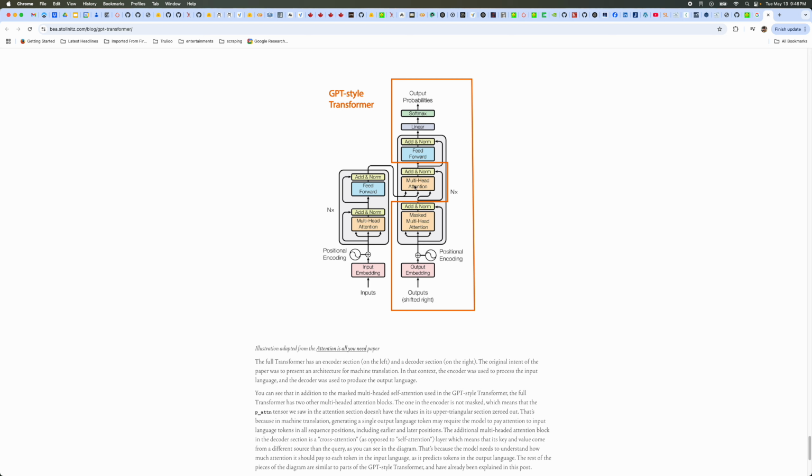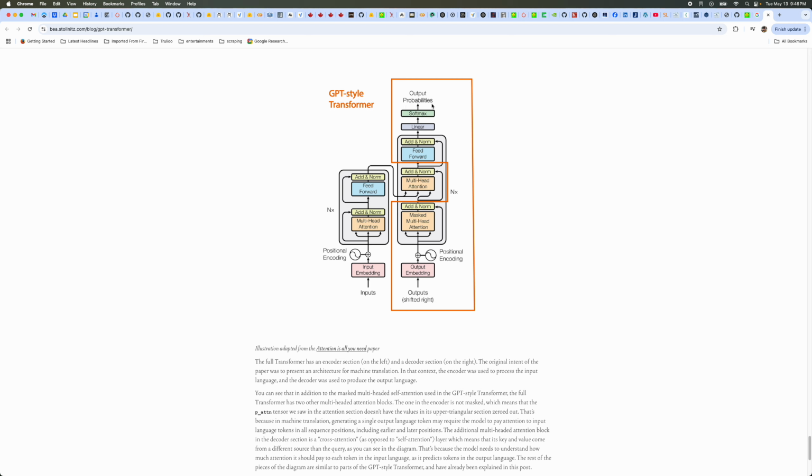Then we feed the output of this masked multi-head attention through a bunch of other layers, including the add and normalization layer and the feed forward layer, and then we have a linear layer and a softmax at the end, which means we get the likelihood of all of the vocabulary tokens.